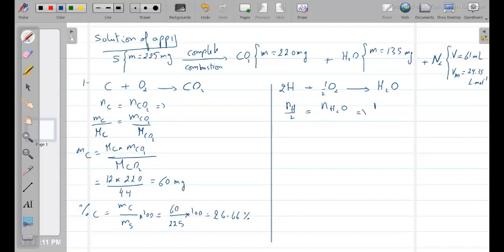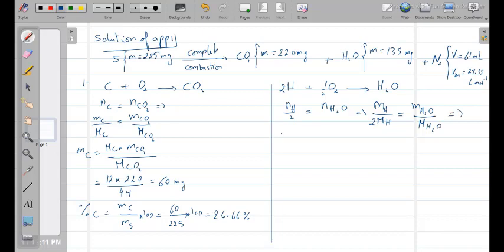Then number of mole of hydrogen equal mass of hydrogen over molar mass of hydrogen, times 2, equal mass H2O over molar mass H2O.